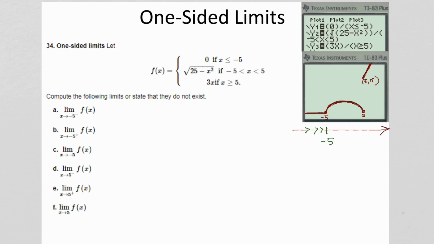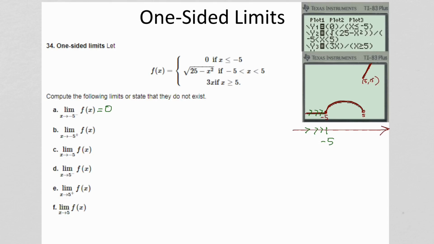So those values of x are mapped here on the graph. Okay, and so as we get very close to -5 but are strictly less than -5, all those points get mapped to 0. So as close as we get to -5 but not equal to -5, all those values of y are 0. So this limit is 0.